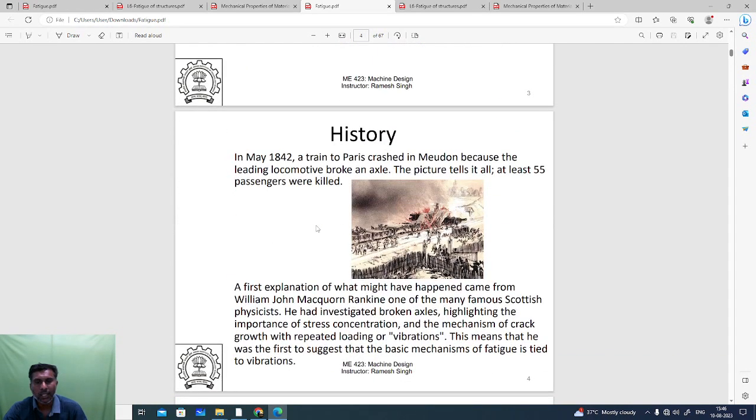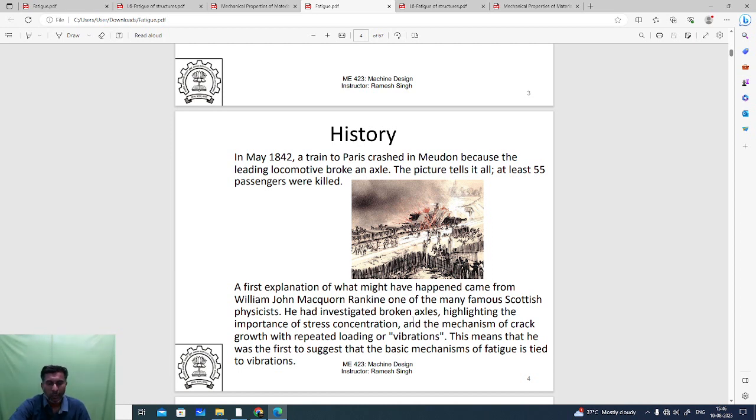This is the history of fatigue. In the year 1842, a train crashed due to fatigue. See the drawing, see the picture. The first explanation of what might have happened came from William John Macquorn Rankine, one of the many famous Scottish physicists.